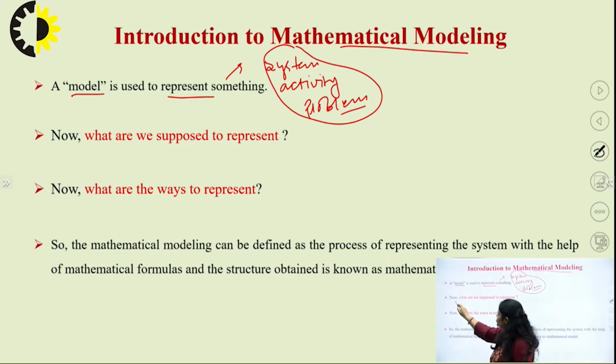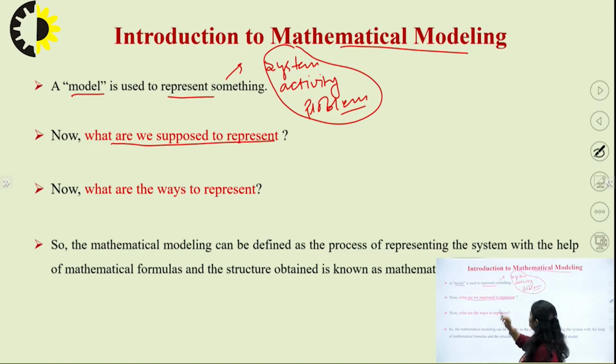Now, the next question that arises is, what are we supposed to represent? The nature and behavior of the system, or the activities involved in this system, or the various problems that arise in a system, we can represent with the help of this model.